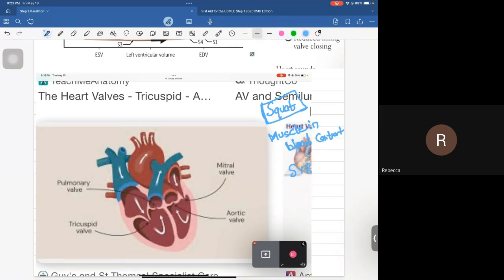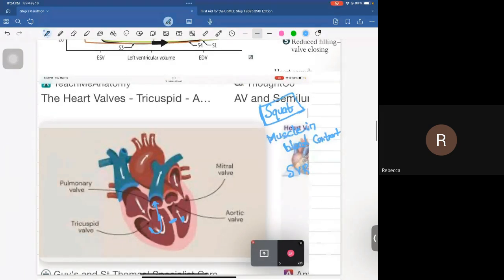I have told you that there are two pathways for the blood to go. One pathway in the tetralogy of Fallot is this pathway, and the other pathway is this one. The heart will go in the pathway wherever there is less resistance. Normally the lesser resistance is present in the aorta.